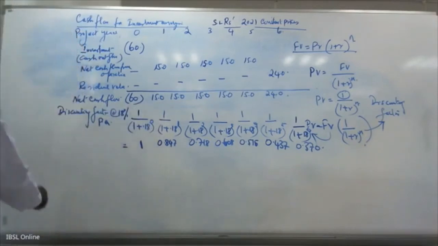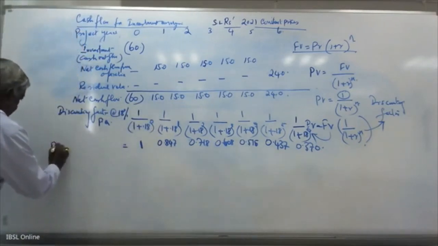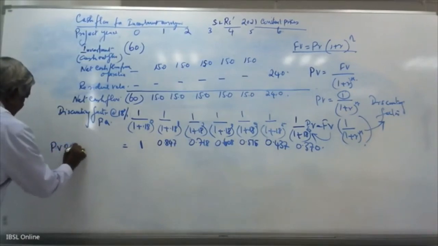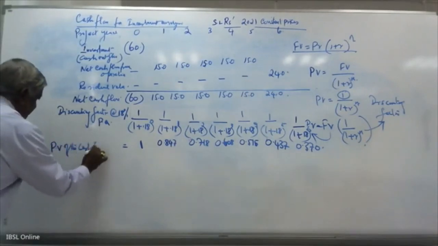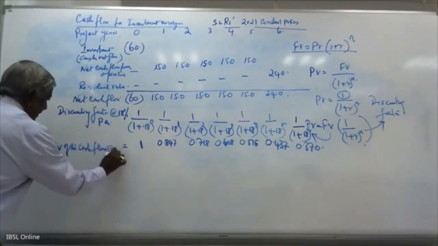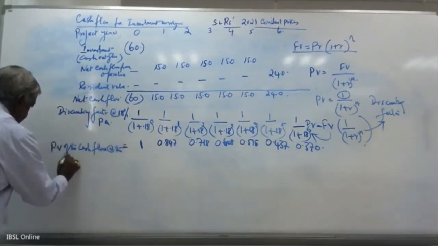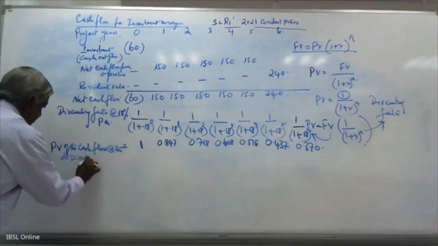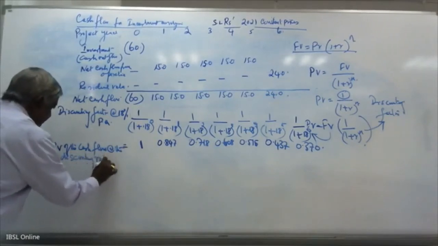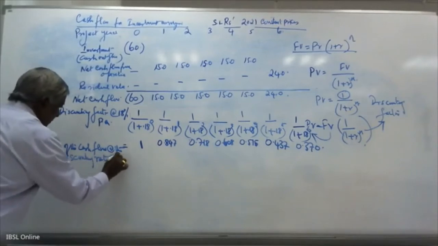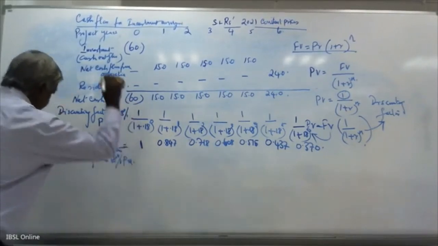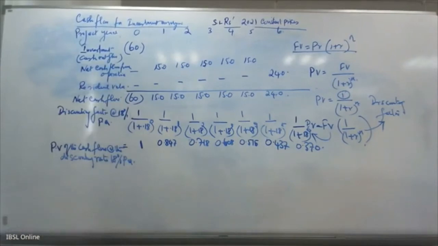So now the next step is the present value, PV, of the cash flow at the discounting rate of 18% PA.